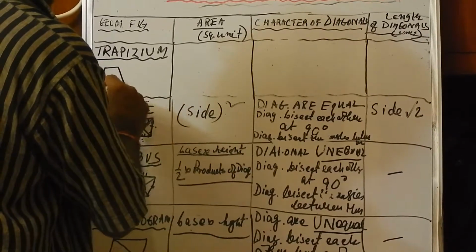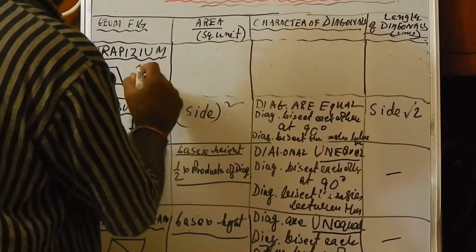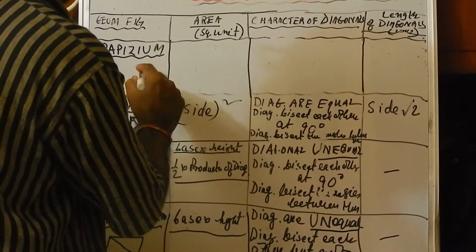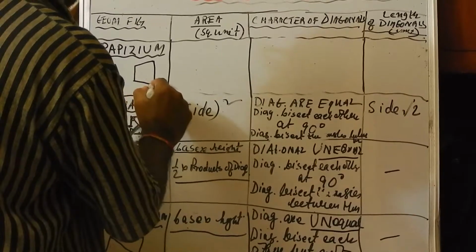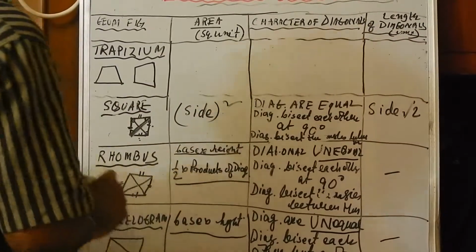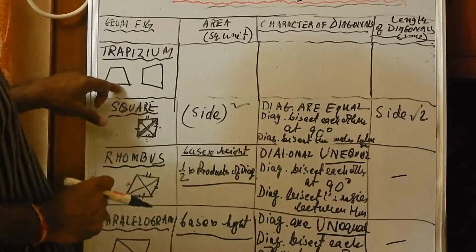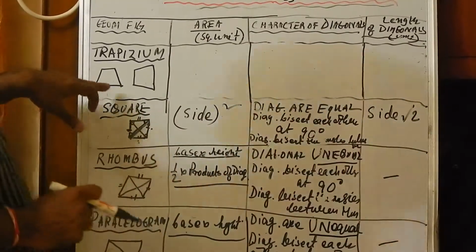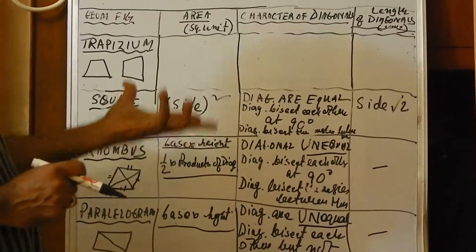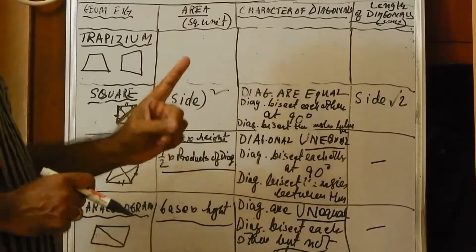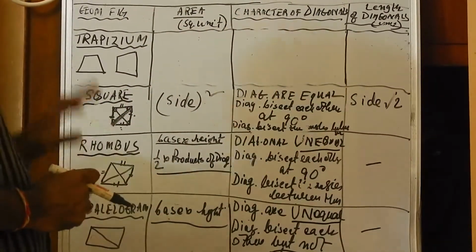As you know, it's like this, or it may be like this. That means the quadrilateral whose two opposite sides are parallel and the other two opposite sides are oblique, that is not parallel.